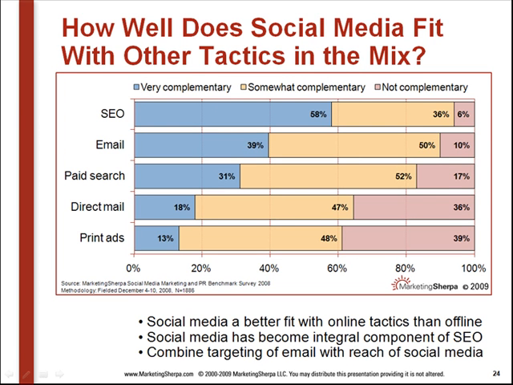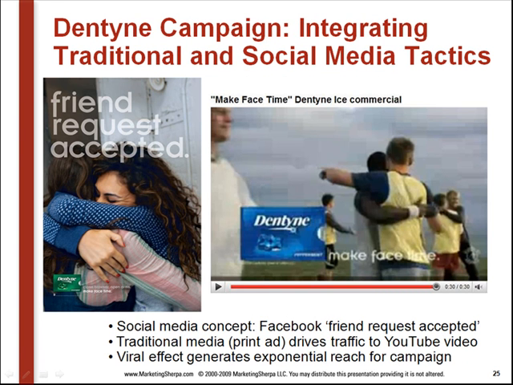And I want to give you a quick example here of what I found as a great campaign example of integrating traditional media. On the left, you see an ad by Dentyne that was in a magazine, and on the right is a YouTube commercial from the same campaign.